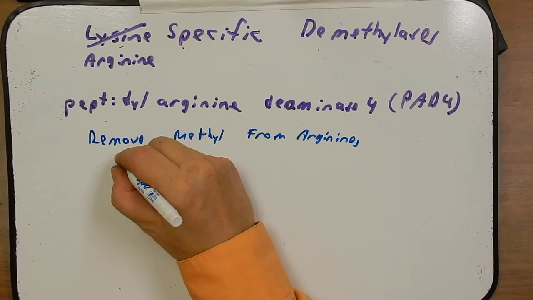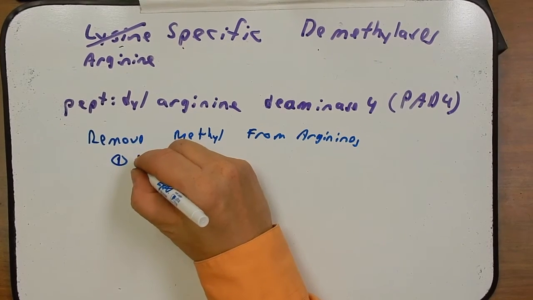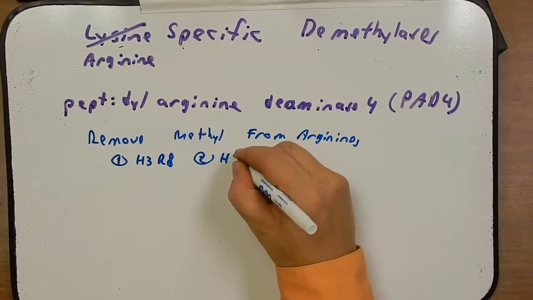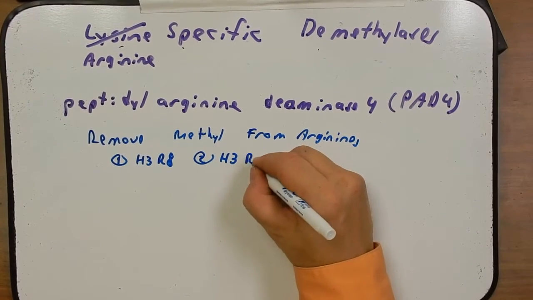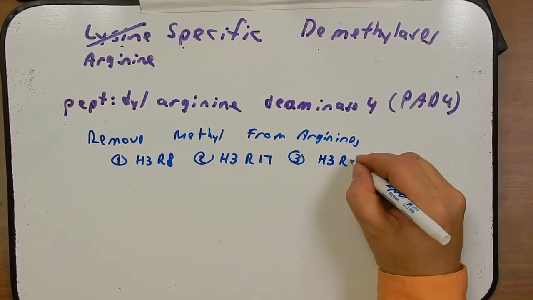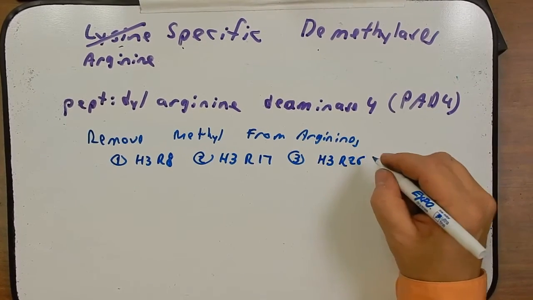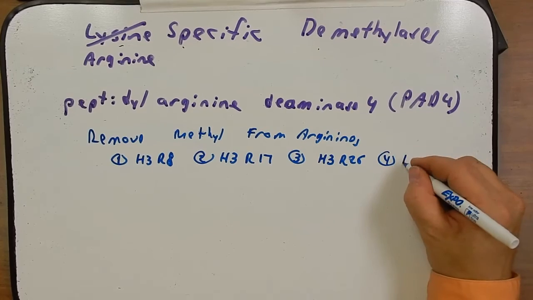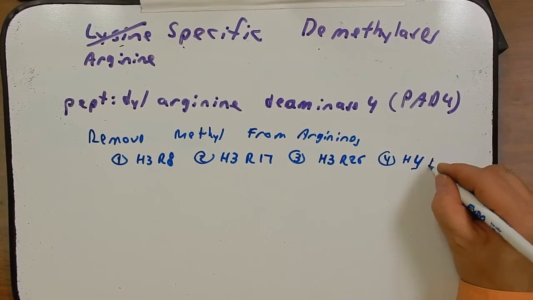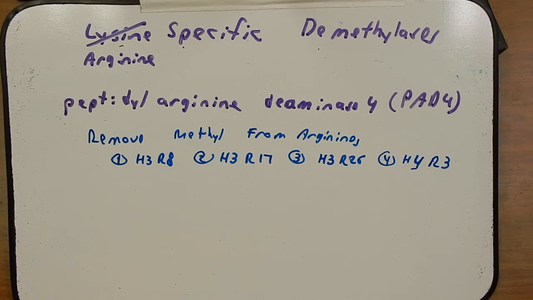More specifically, it removes it from histone 3 R8, R is for arginine, histone 3 R17, histone 3 R26, and lastly histone 4 this time, not 3, histone 4 R3. That's all I want you to know about this particular enzyme.